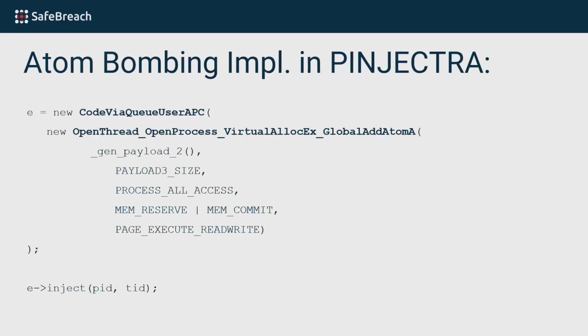And last but not least, it's the atom bombing implementation in Pinjectra. Here again, you can see the QueueUserAPC being the code execution class, and then a combination of open thread, open process, virtual allocation, and global add atom to complete the actual writing. And as you can see, you can control the payload, the different flags, and you can experiment with different variations.